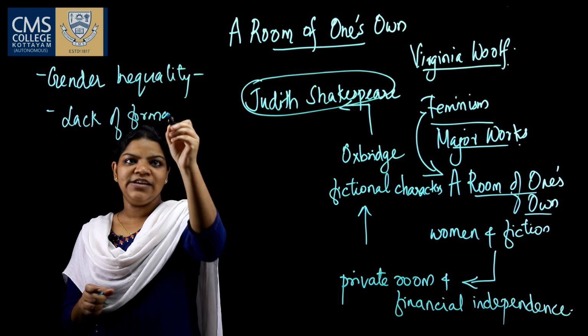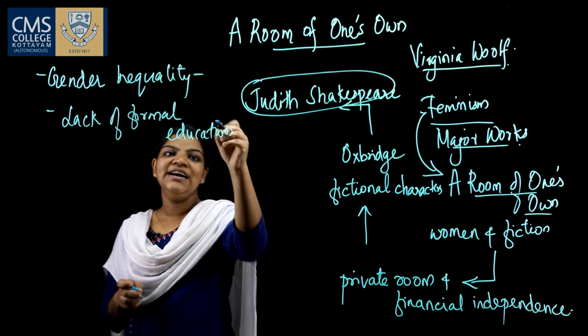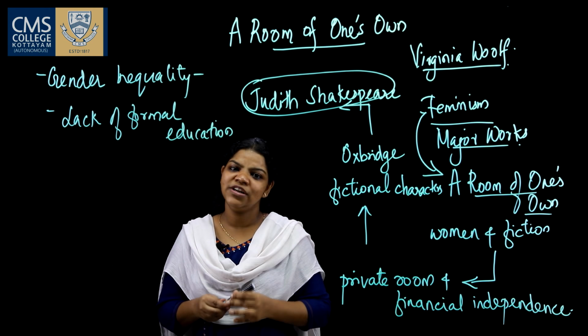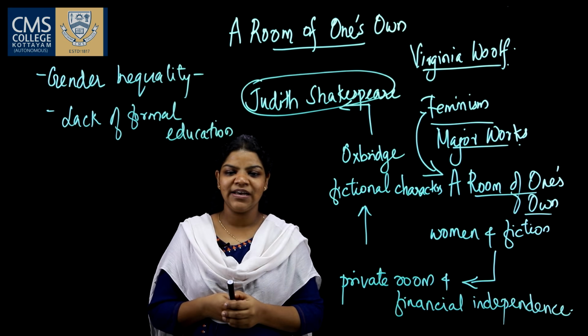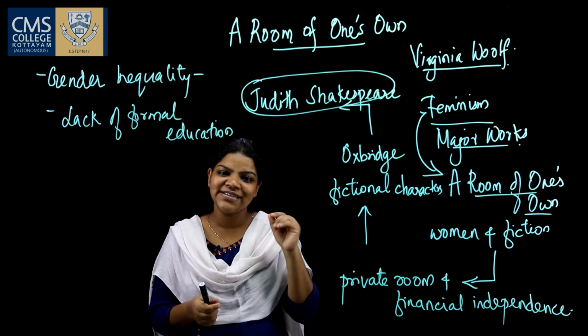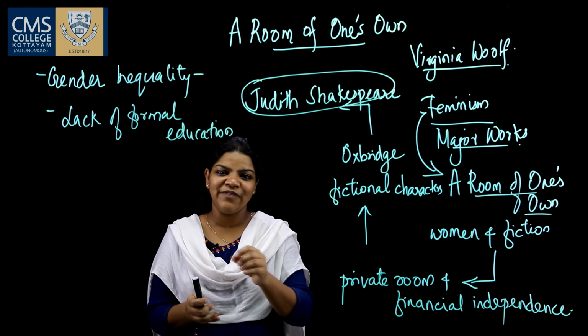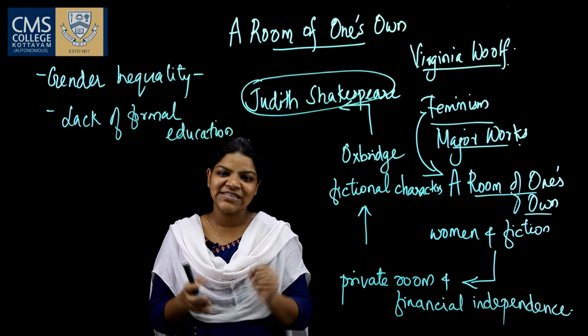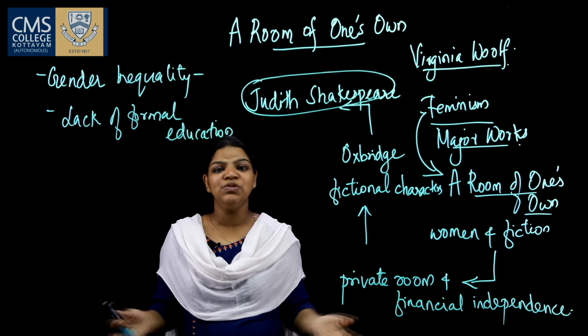There was no formal education, yet she decided to learn things on her own. She wanted to read. She took the books of her brother and started reading. At times, when certain verses came to her mind, she must have noted it down somewhere. And Virginia Woolf very eloquently says that she must have done that on a small piece of apple or something that she was working with.